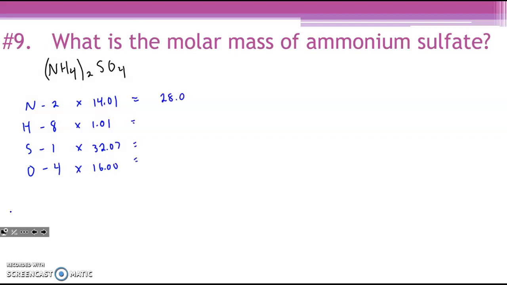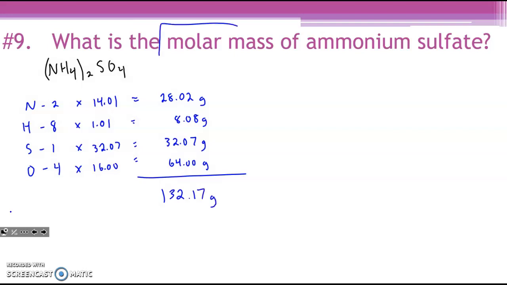Masses 28.02 grams, 8.08 grams, 32.07 grams, 64.00 grams. Add them all up, molar mass 132.17. So overall, you might hear me say this 100 times. Molar mass kind of covers it all. Whether it's a molecule, formula unit, atom, you name it, molar mass covers it.